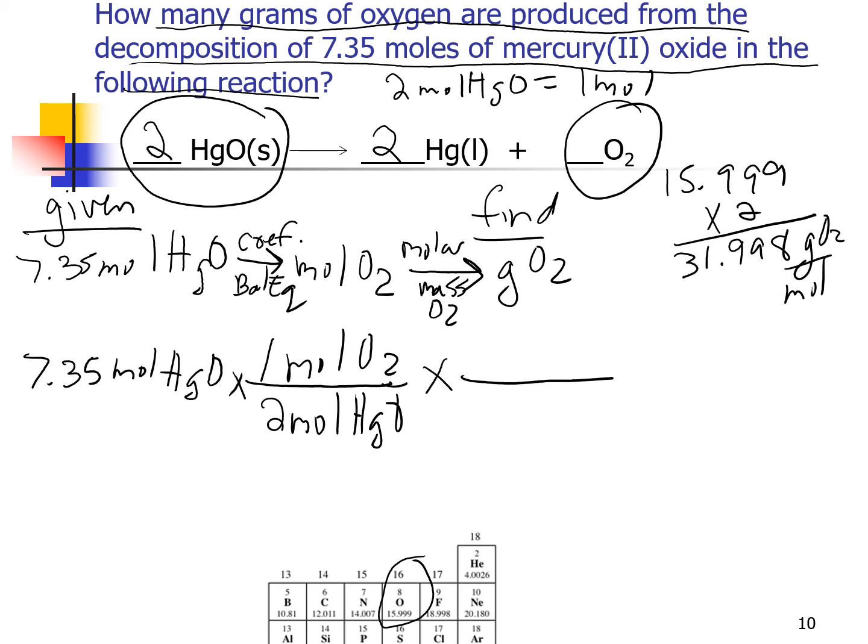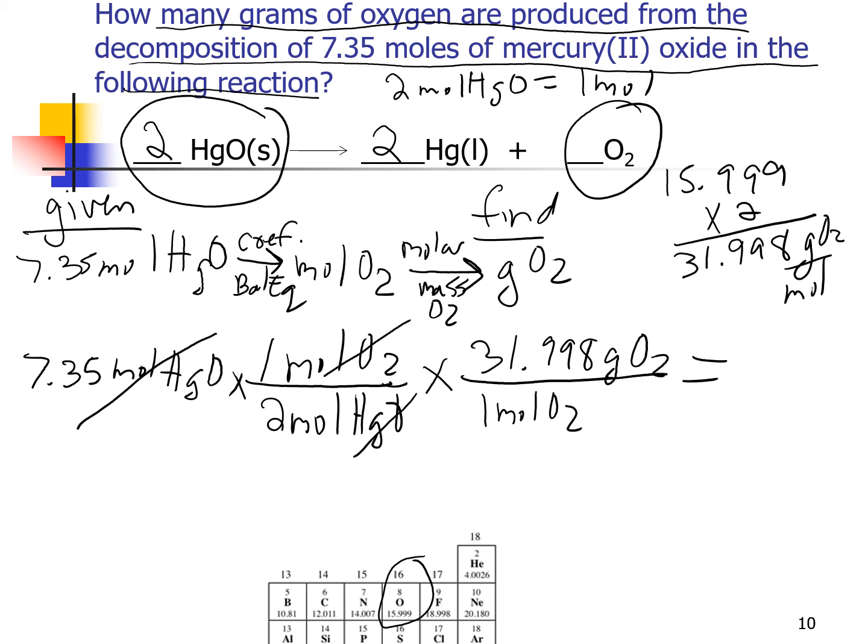So on our molar mass, we would always put 1 mole of oxygen at the bottom to cancel our mole units, and 31.998 grams of oxygen at the top. Now you want to make sure your units cancel. Moles of mercury II oxide cancel, moles of oxygen cancel, and I will end up with an answer in grams of O2.